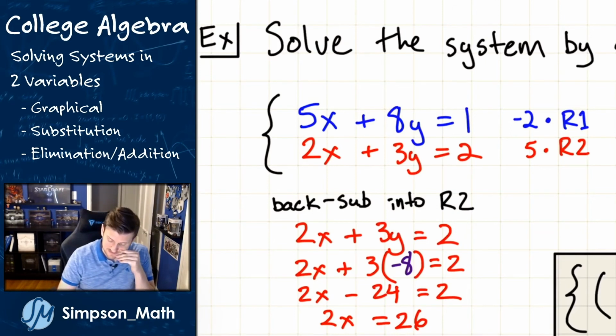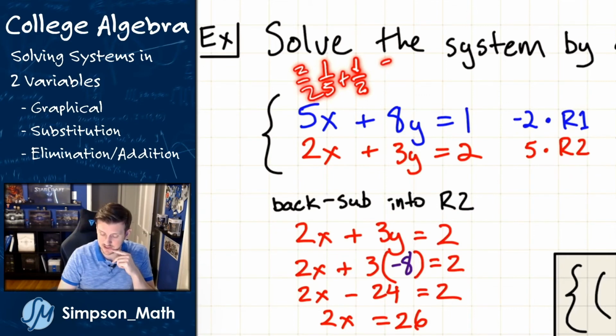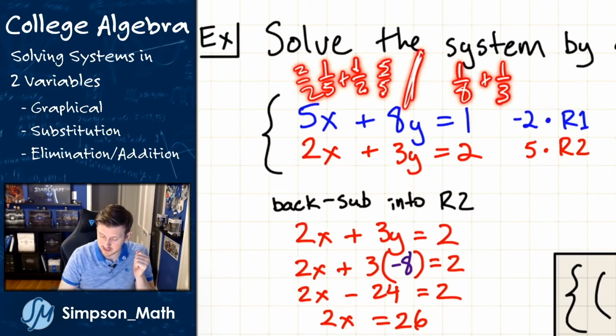So just think about this. If I had to deal with 1/5 plus 1/2 and get the common denominators, it's multiplying. That's 2 over 2, that's 5 over 5, right? Versus 1/8 plus 1/3, that's 3 over 3 and 8 over 8.